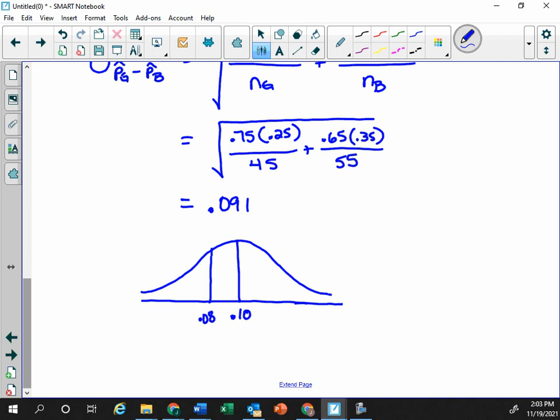They're asking us about the difference in the proportion being less than 8%. So shading would go this way. Is the 0.08 for exponent? It's just the value we're cutting it off at.